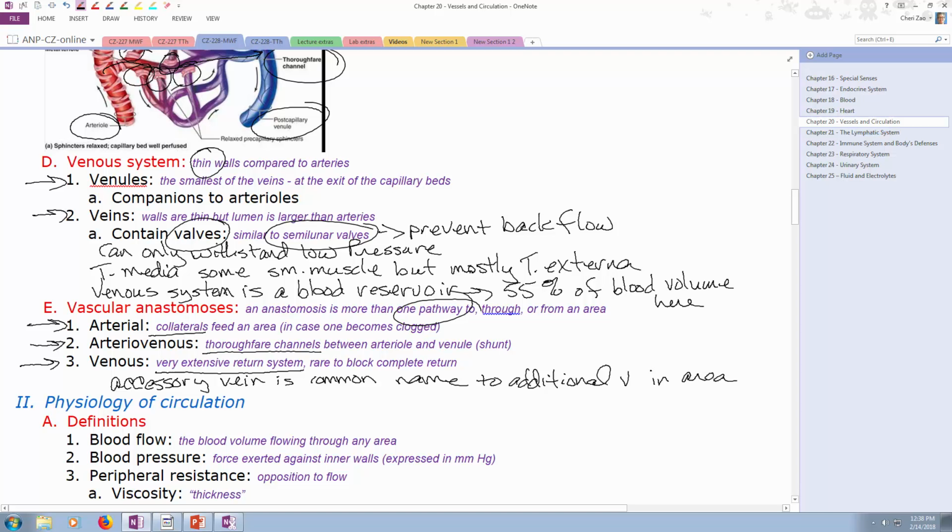We will surgically create this type of anastomosis with an artery and a vein for somebody that's undergoing hemodialysis. The reason people undergo hemodialysis is because they have kidney failure. Their kidneys are not working. The fascinating thing about people that have the arterial venous shunt is that whenever you actually feel it, it actually vibrates.